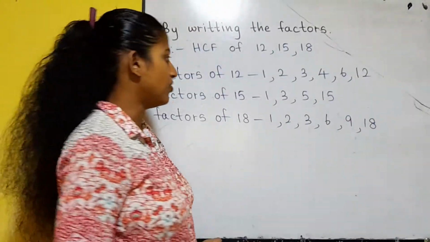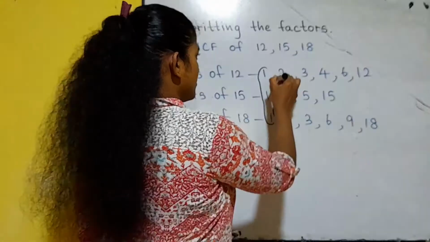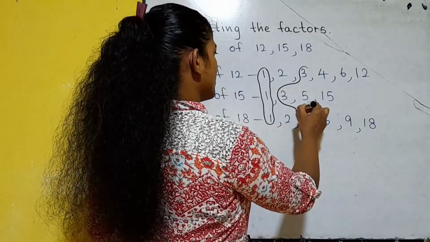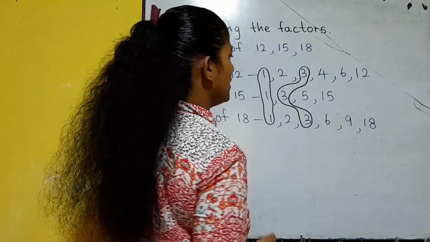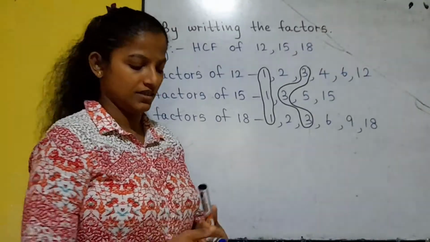Then we will see the common factors here. 1 is a common factor. Then again 3 is a common factor. Are there any other common factors? Here no. Only 1 and 3.